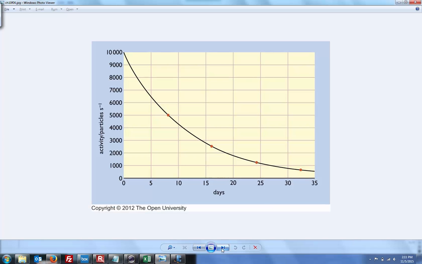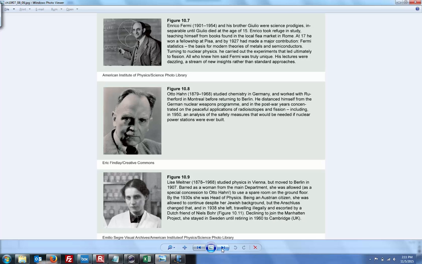Okay, so there's exponential decay, a half-life example. All right, so here are some of the leaders, the pioneers in radioactivity. Enrico Fermi, and I think it's mentioned here somewhere in the book, he actually demonstrated one of the first sustainable critical mass experiments.